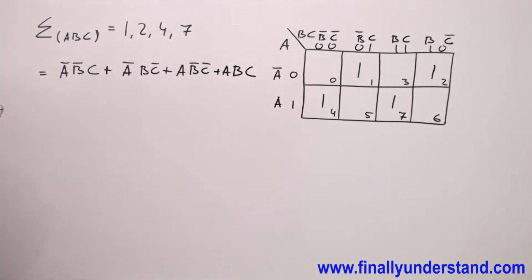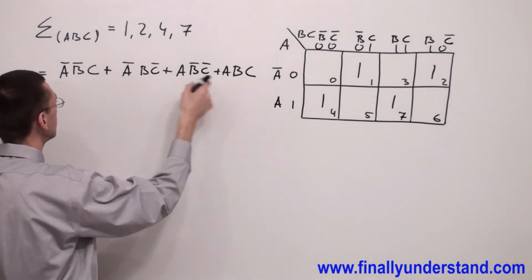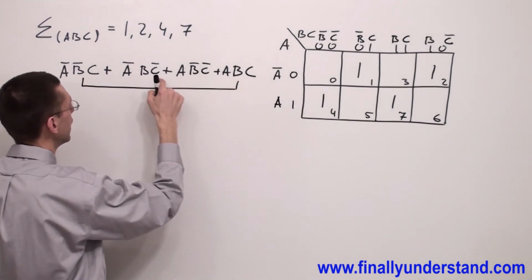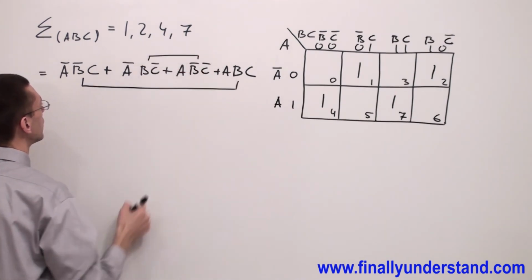Let's take a look at what we can factorize from these terms. I have C and C in these two terms, and I have C not and C not in these two terms.